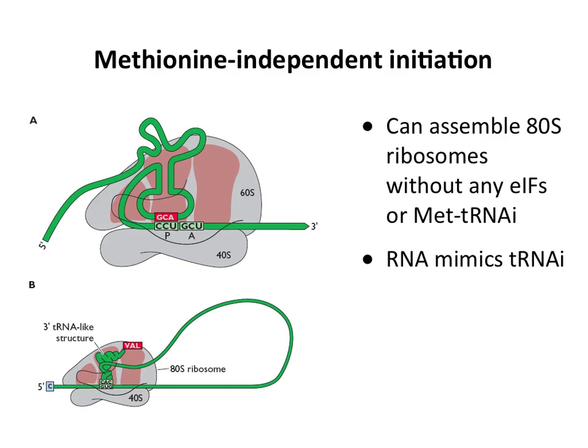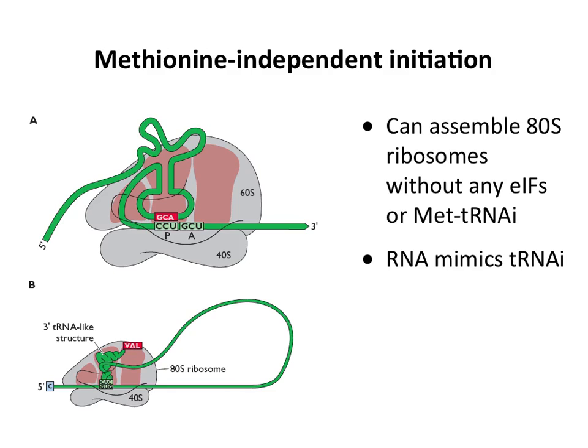It uses its own RNA to fold and base pair with this initiation codon, which you can see is not an AUG. Here it's a proline, CCU. And then the next amino acid that goes in, or the first amino acid that goes in, would be the alanine specified by the next codon. So this virus gets around any need for this ternary complex, which can be limiting in virus infection because cells, as you will see, can shut down its availability.